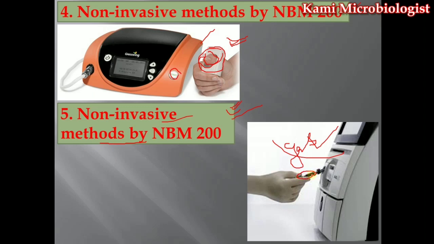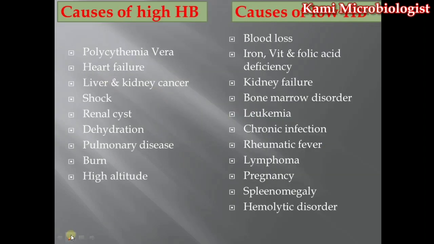After that, we will just give the syringe to this area, but remember guys, it will not be injected. They will just take the blood. After that, the machine analyzes the gases, and then it will give you the result of the hemoglobin in the blood. So these are all the methods of hemoglobin estimation.